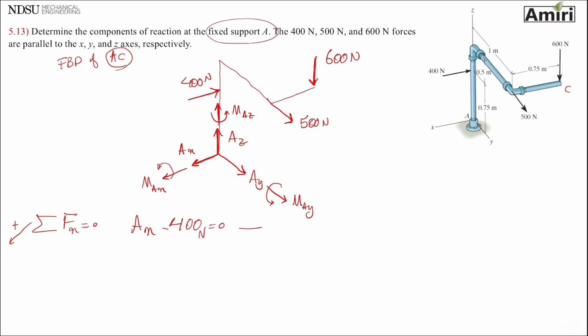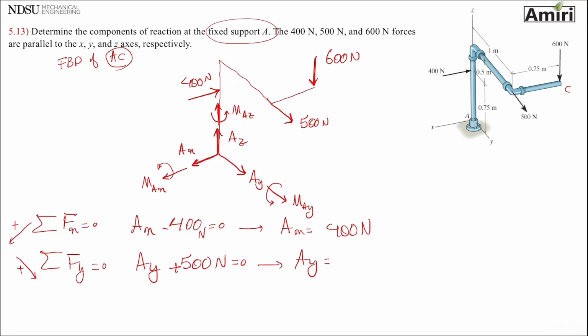So my AX is going to be 400 newtons. Summation of forces in Y equals 0. Anything that points this way is going to be positive. I have AY. The only other force that I have is plus 500 newtons equals 0. Therefore, my AY is minus 500 newtons, meaning AY in reality should have been the other way.